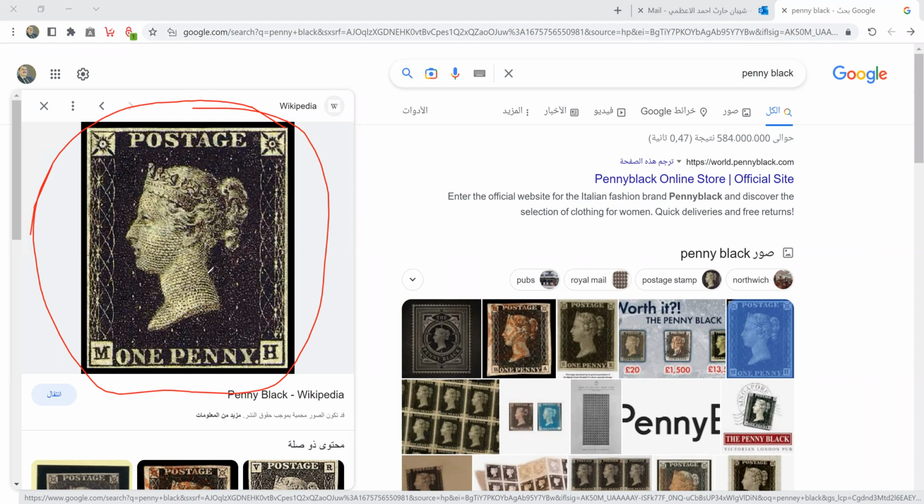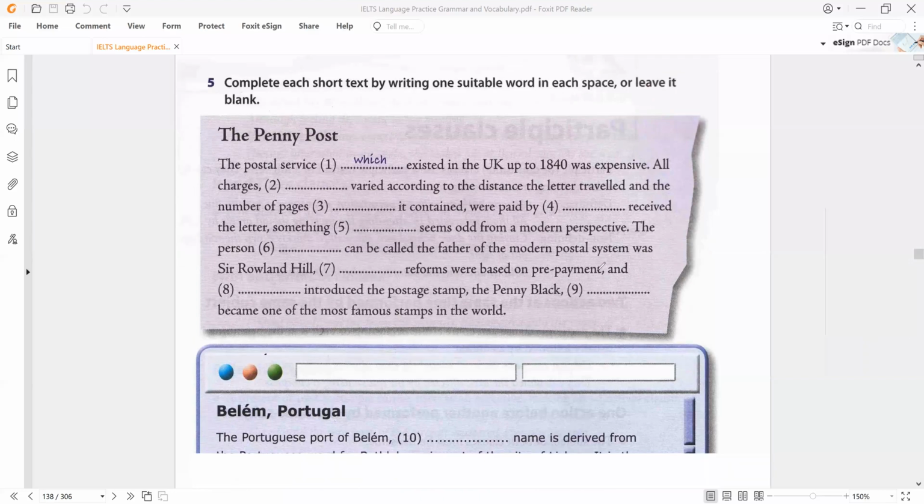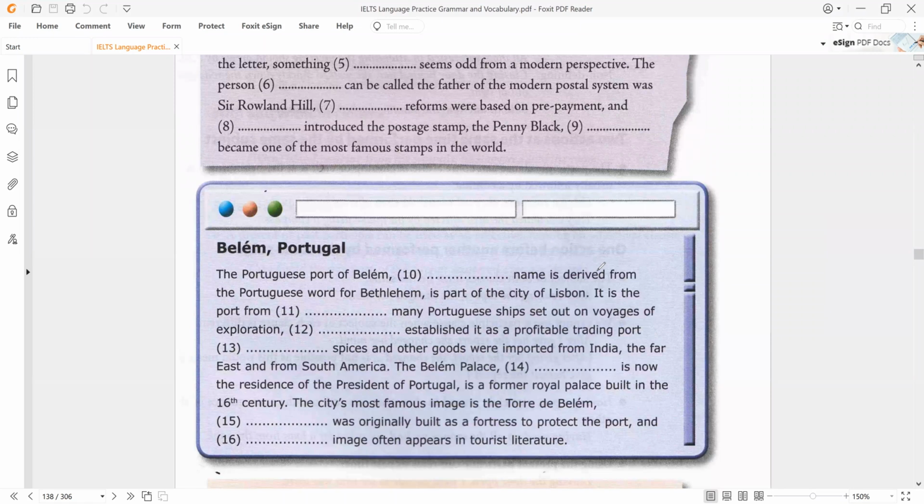Its value was 1 penny. But if you go now to stamp collectors, people who collect stamps, it is worth maybe thousands of dollars. It is one of the most expensive stamps now.